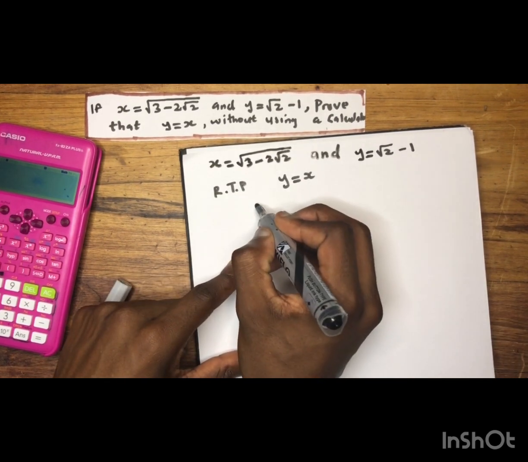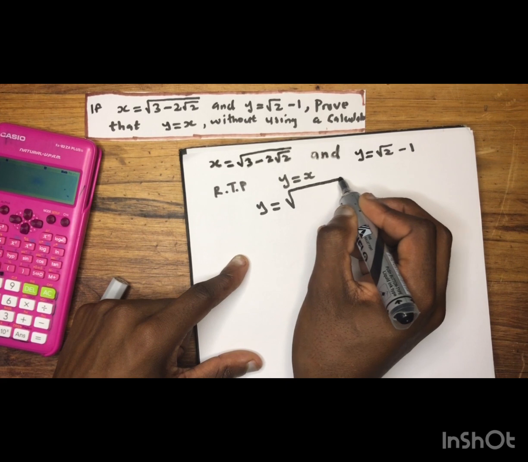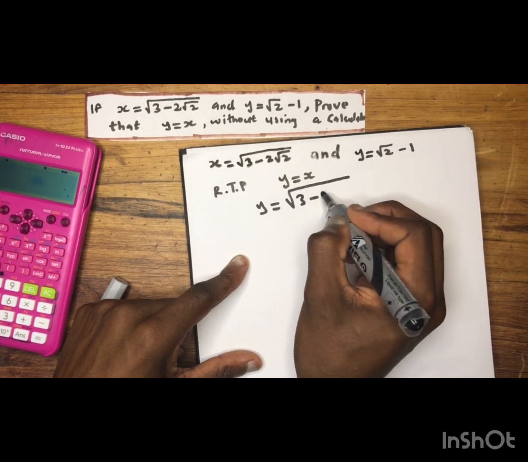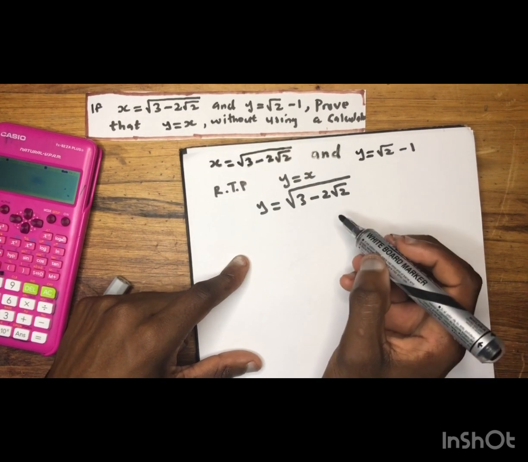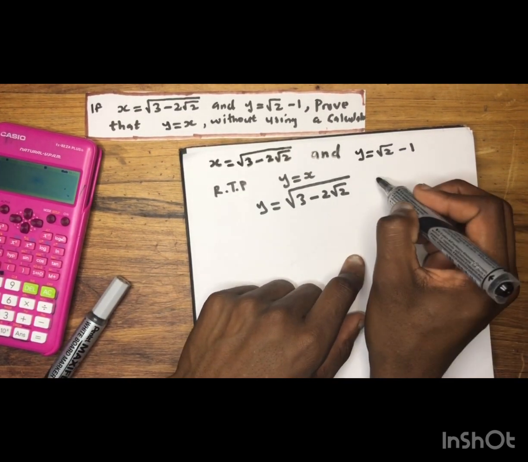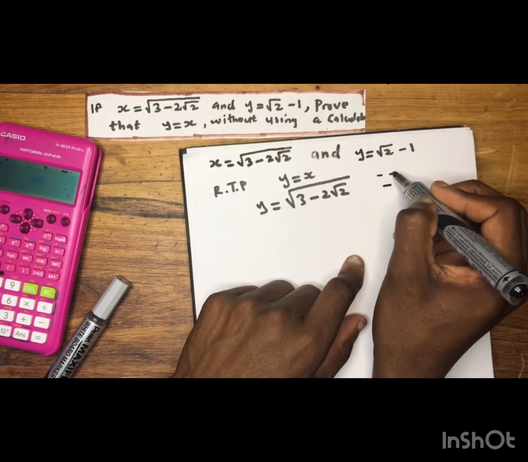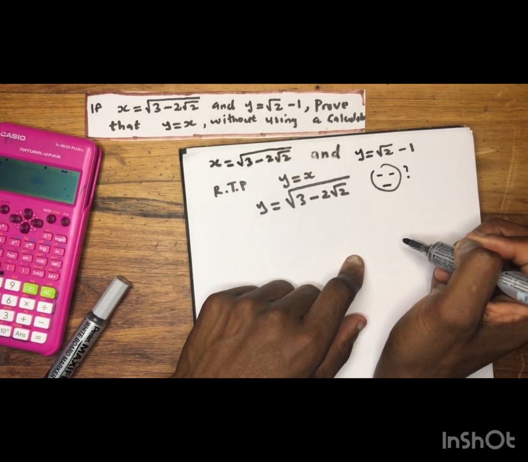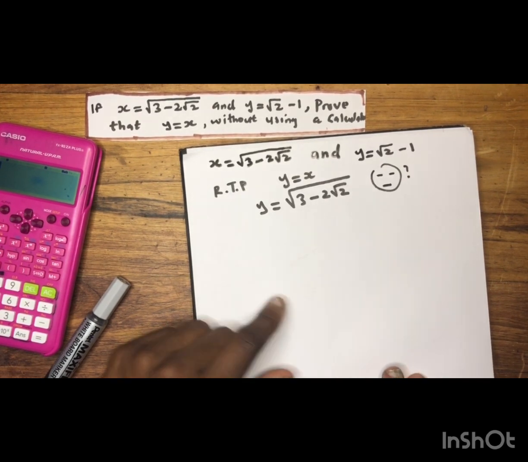So I have y here, then your x was square root of 3 minus 2 root 2. Okay? So now I'm asking myself, what must I do in order for me to get this? And maybe you are asking yourselves too.